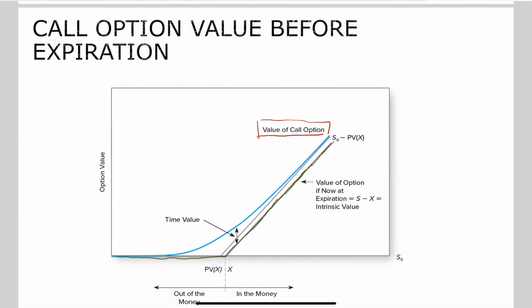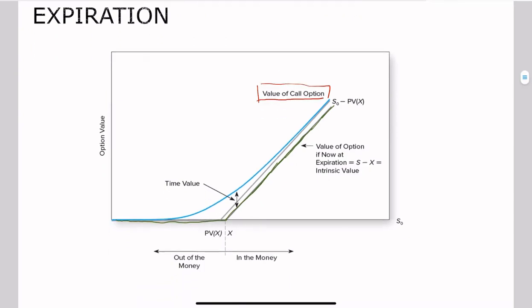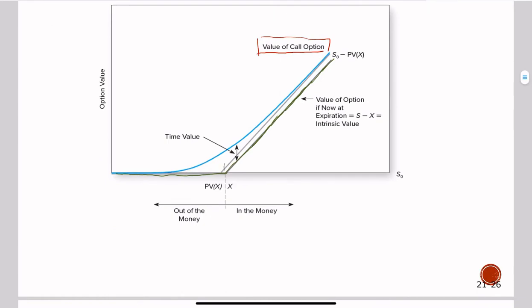the intrinsic value. Why does this give you the intrinsic value? You can see it here. If the stock price is larger than the exercise price, then the call will be in the money.